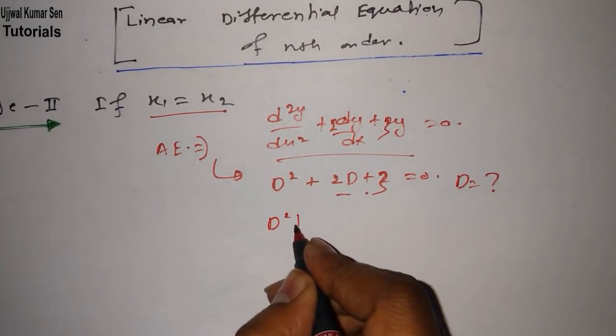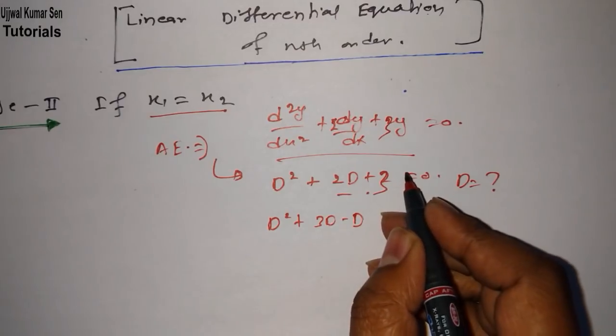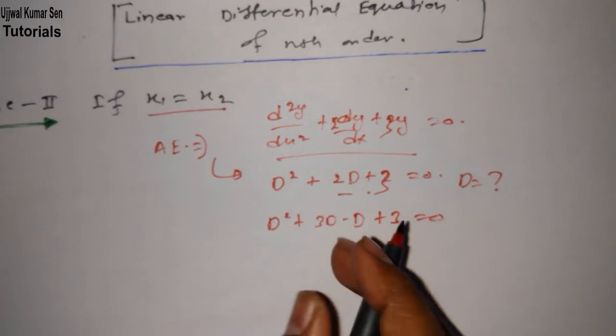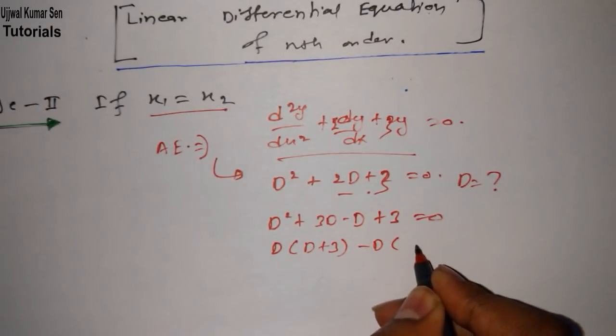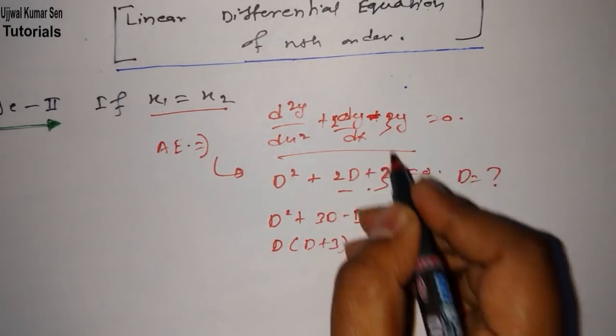So d squared plus 3d minus d minus 3, so plus 3 is equal to 0. Now take d common from here, so d plus 3, now minus sign also here.